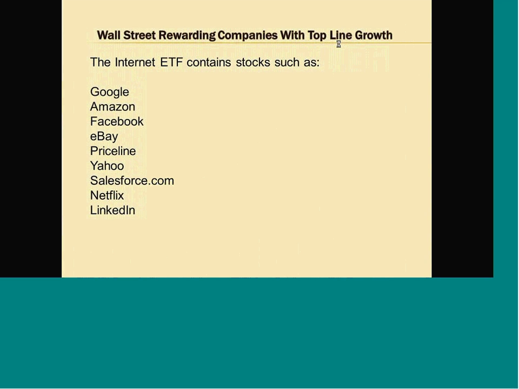So I found that these companies that have good revenue growth, growth stocks, a lot of them are in these ETFs with high relative strength. And just as an example, the Internet ETF contains stocks such as Google, Amazon, Facebook, eBay, Priceline, Salesforce, Netflix, and LinkedIn. So these are typically the companies that have high sales growth, and they're performing well right now, and Wall Street is rewarding these types of companies.